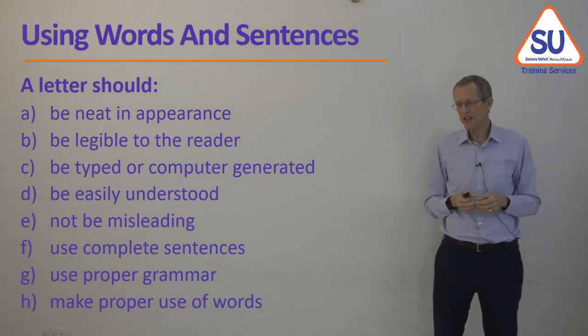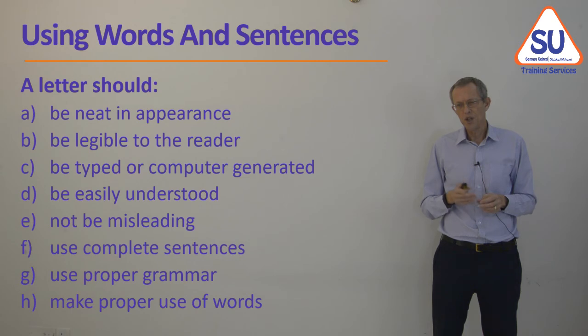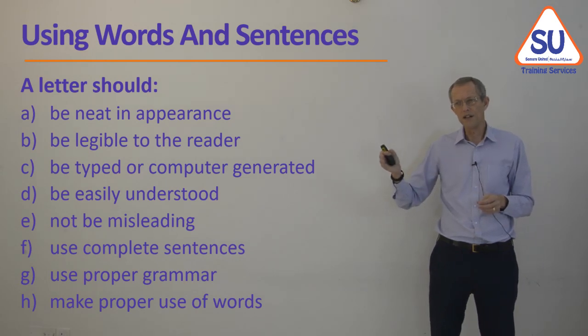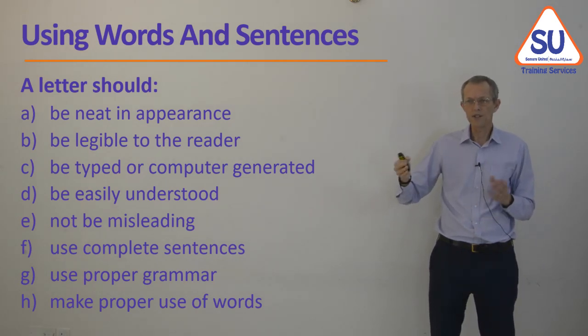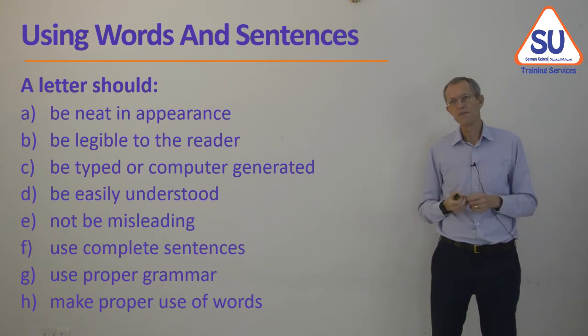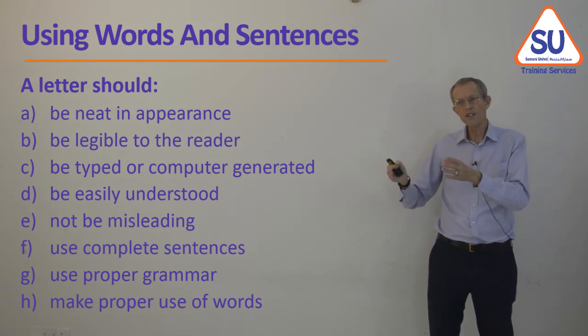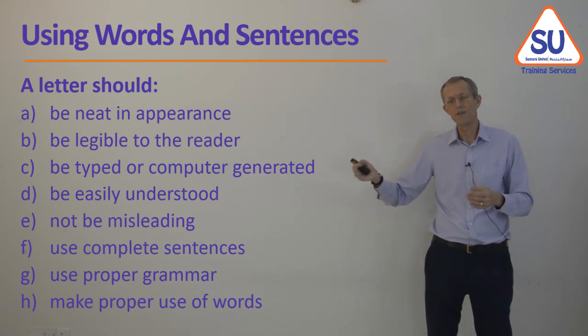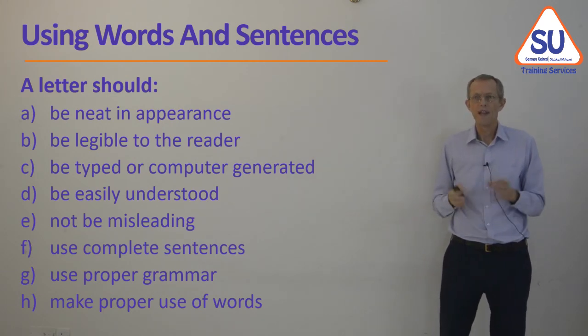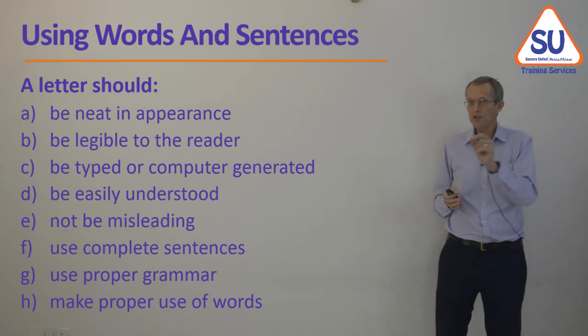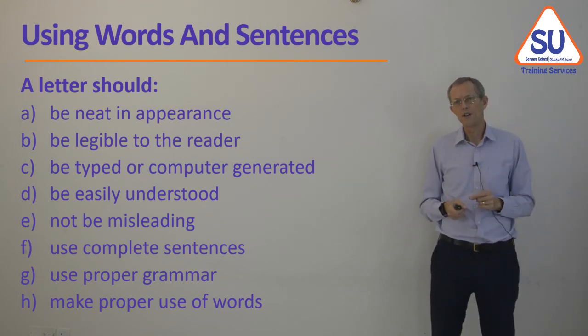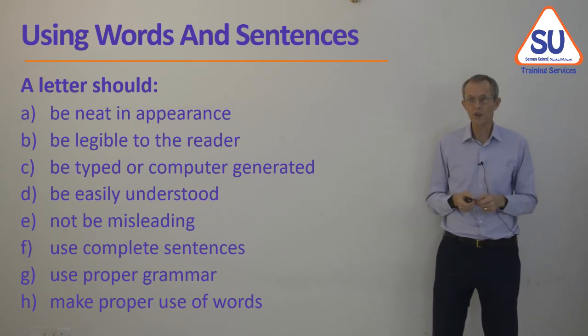But a sentence that starts, you must lift the switch. No. Lift the switch on this device to turn it off, for example. Make proper use of words. Use your spell checker and it will tell you where you might have gone wrong.